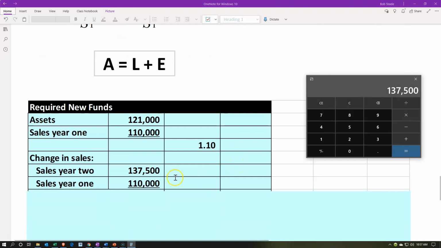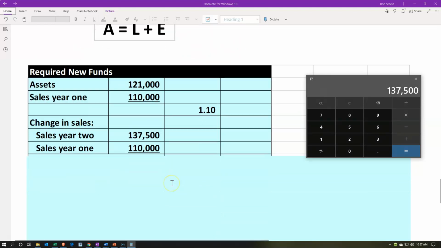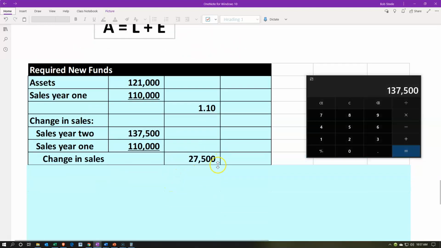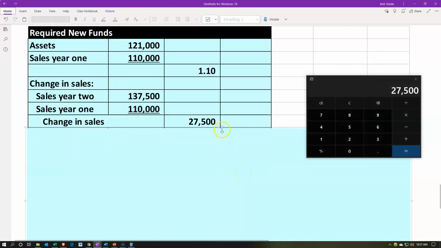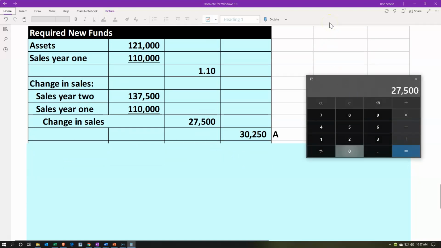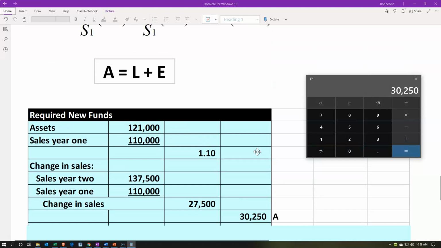So we got the 137.5 for year 2 minus the year 1, which is the 110,000. That's going to be the 27.5. If we take that 27.5 times now the 1.1, we're going to get the 30,250. So that's going to be our calculation here.